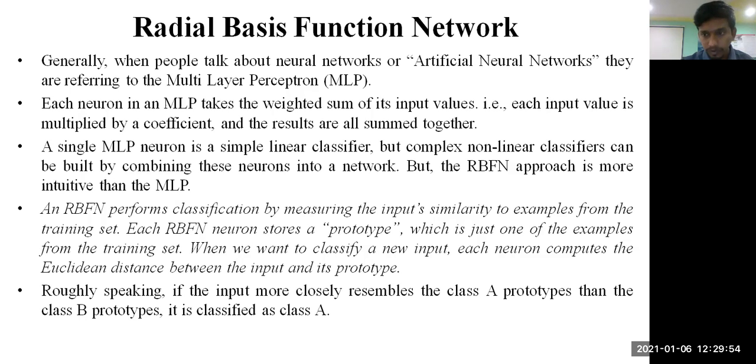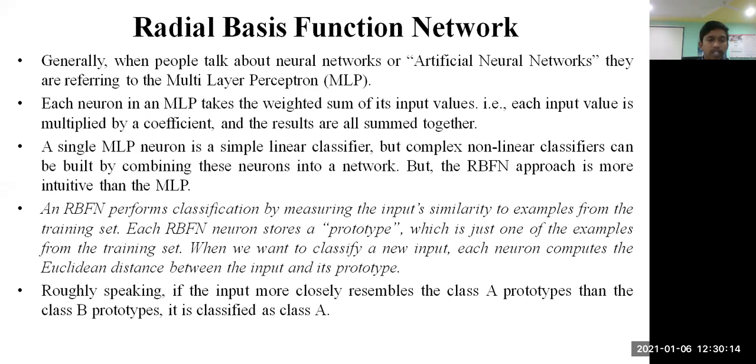At that time, the RBFN approach might be useful. The RBFN approach is much more intuitive than the MLP, that is multi-layer perceptron. Compared to the multi-layer perceptron, the radial basis function network is much easier to understand. That is the meaning of this sentence.